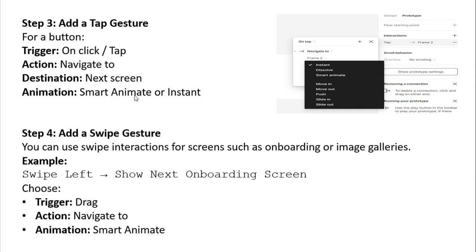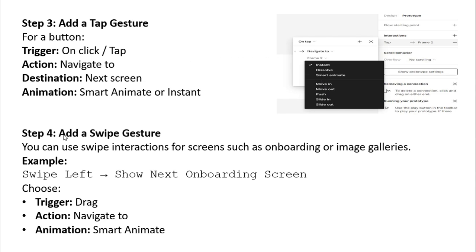Select a smart element or an instance, and inside the interactions choose any trigger, like on click or on tap, then select the actions and animations, such as instant, dissolve, smart animate, and many more options to choose from.